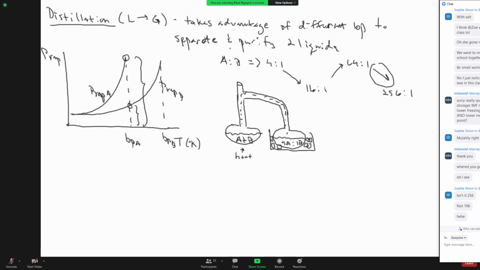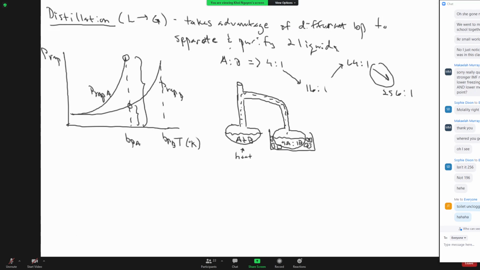So this is the application of that. This 4-to-1 ratio is 160 proof, which is 80% alcohol. Because alcohol is lighter, it's more volatile, and it's going to leave first, because it has a lower boiling point in your system.